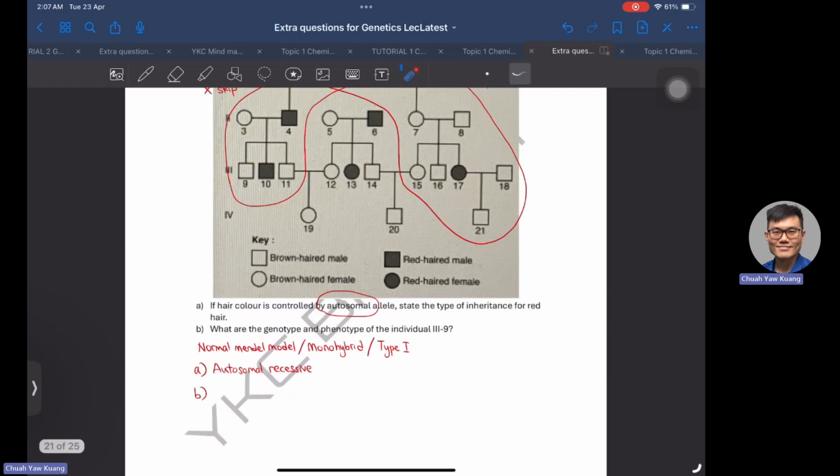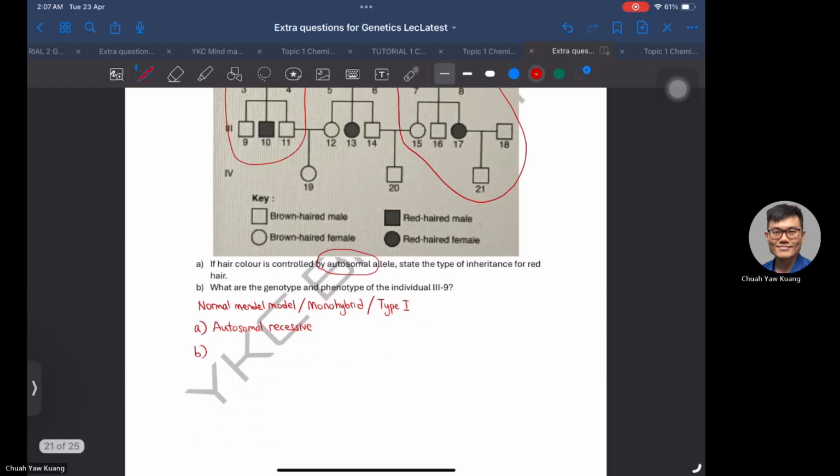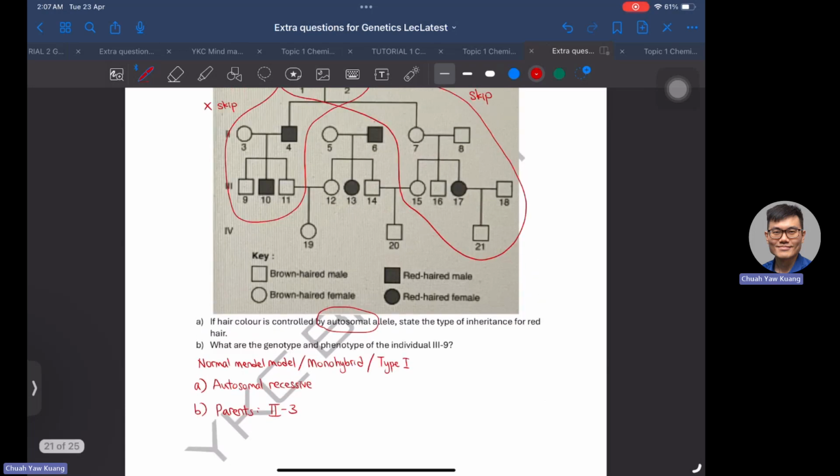So first thing first, write the parents first. The parents would be individual 2-3 and individual 2-4. These are the two parents, for us to figure out the genotype of individual 3-9.